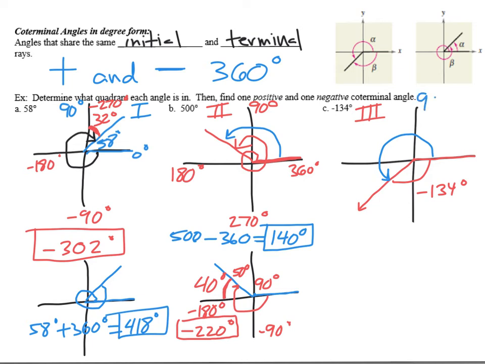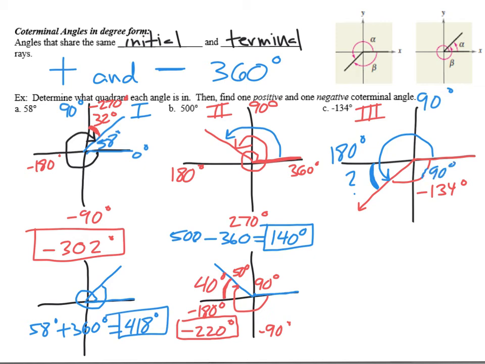So that gets me to 90. That gets me to 180. And it leaves this question right in here: how much past 180 do I have to go? Well, if I go the negative way, I went backwards, so I have to think about it as negative. I'm going to write these in as positive, but know that they really should be negative.